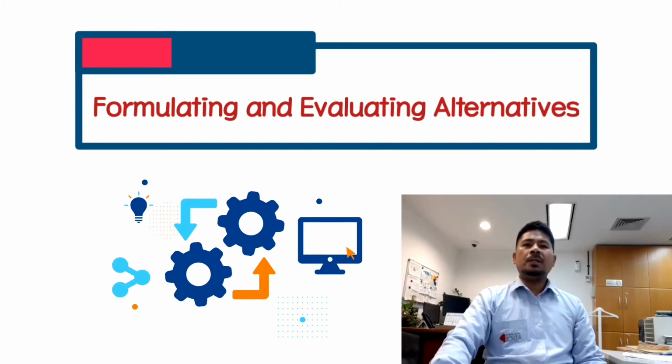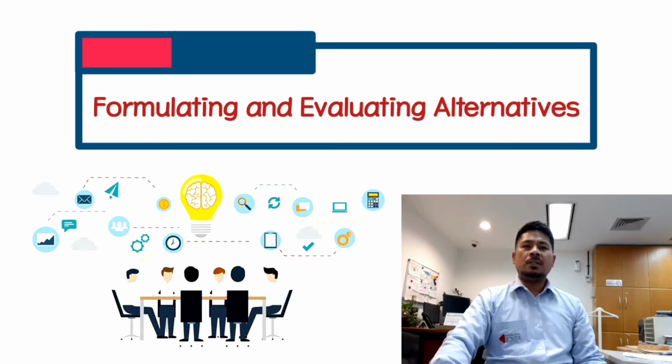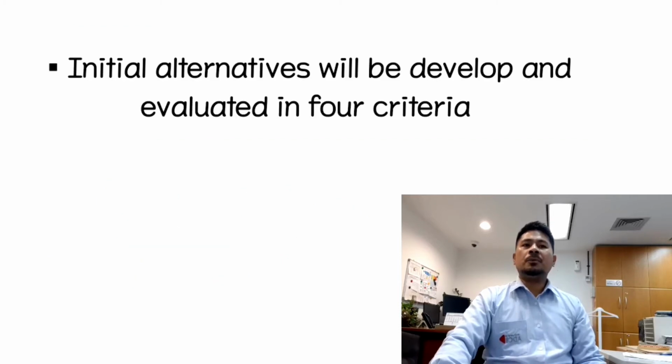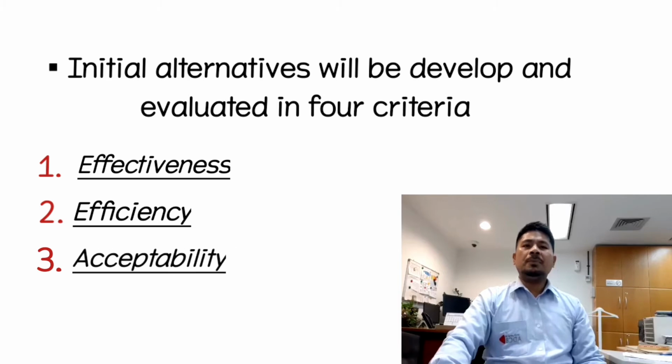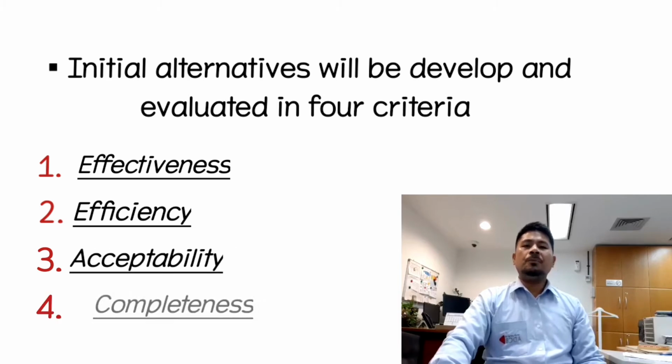We need to define, to help formulate and evaluate alternative plans, and to assist in determining which alternatives best address the planning objectives. Initial alternatives will be developed and evaluated for consistency with four criteria on problem objectives, including: one, effectiveness; two, efficiency; three, acceptability; and four, completeness.